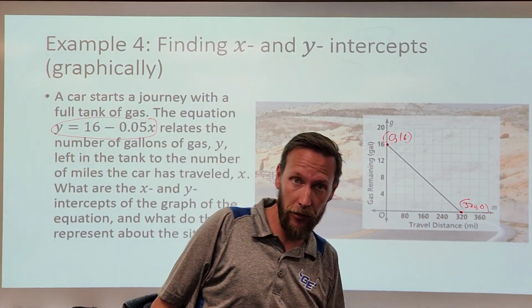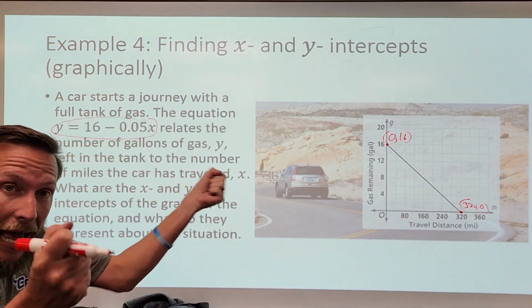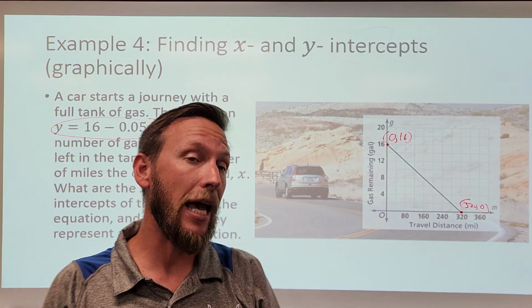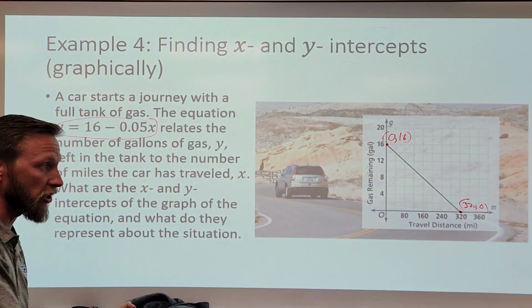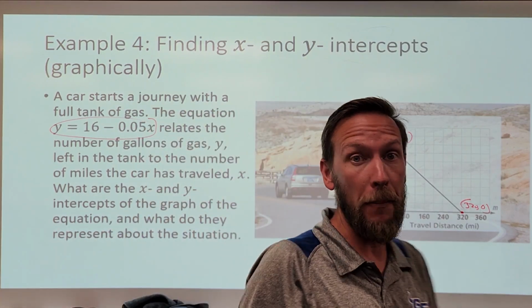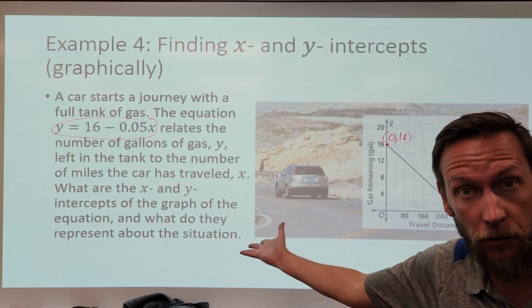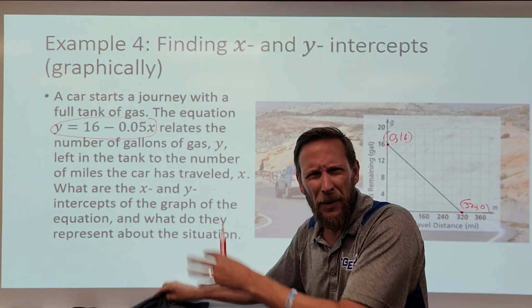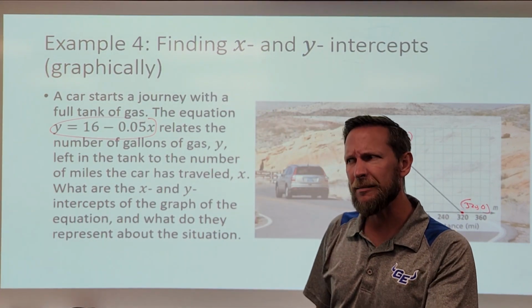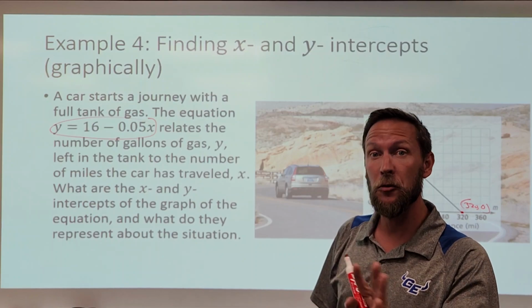You've got 0 gallons left. You can have a functional understanding of what these intercepts mean as they relate to a real world situation without doing hyper crazy mathematics, right? This is just having a basic understanding of what is happening in the universe. And so that may be hard to look at a word problem and say there's too much going on there, but you can probably handle it if you give it a shot.